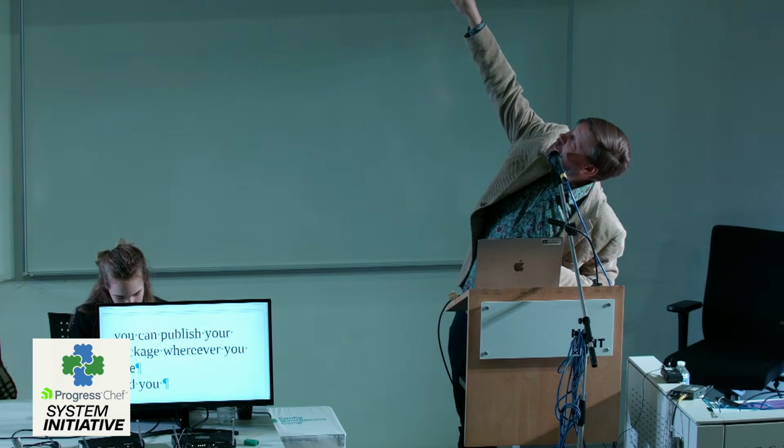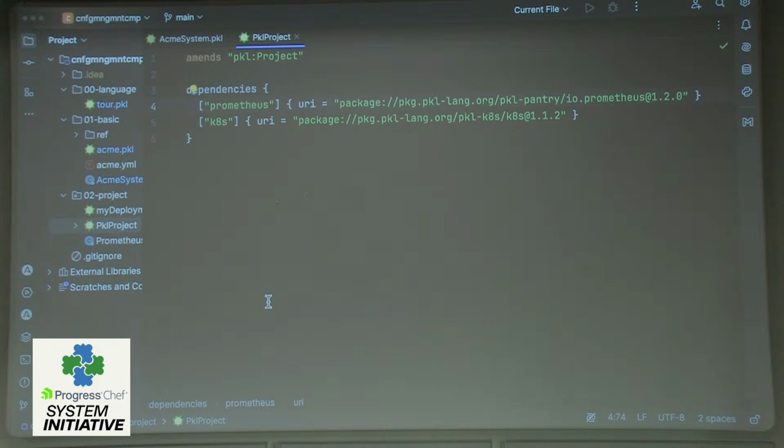Now, the package pickle lang org is our proxy. And here what I do is in this project, I import Prometheus and Kubernetes. The Kubernetes templates we've just generated from the OpenAPI spec. The Prometheus, I believe, is crafted or generated from a JSON schema.